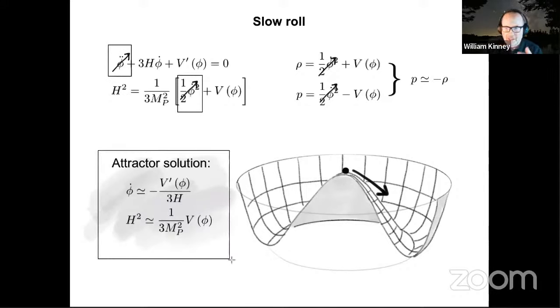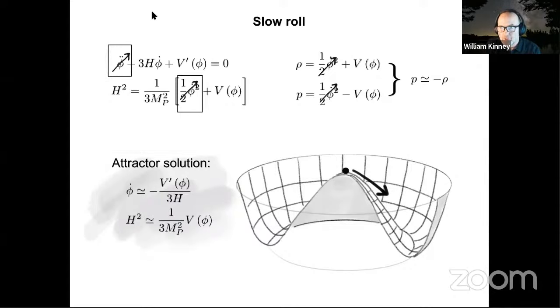And this results in the standard slow roll attractor solution, which is that the expansion rate is just given by the potential, and the field velocity is just given by the derivative of the potential. And this is a very useful limit, first of all, because it is an attractor solution. And second of all, because it allows pretty simple analytic evaluation of all of these inflationary quantities that we're interested in, right? So it allows for analytic solutions.